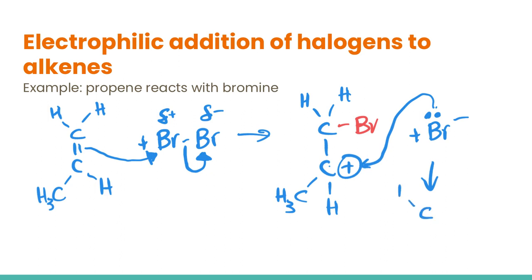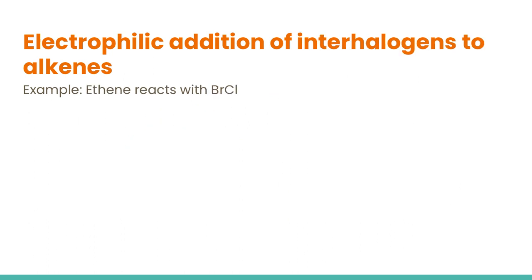I'm going to run out of room here, but that's all right. We'll see if we can squish it in. Okay, here we go. And then we have our dibromo substituted propane. All right, so kind of the same thing in terms of what we've seen, just a slightly different flavor.